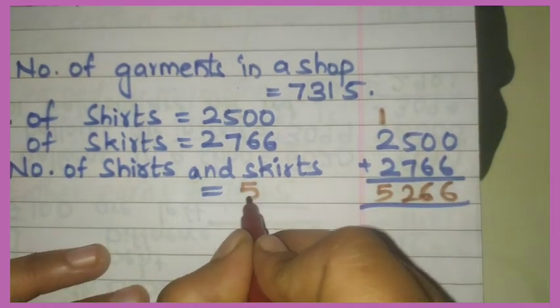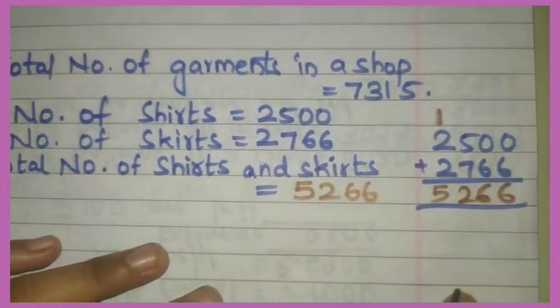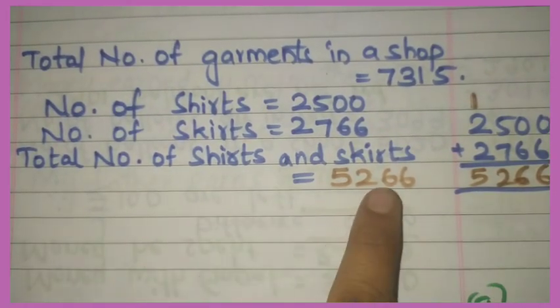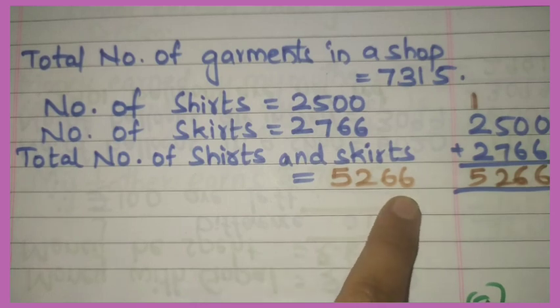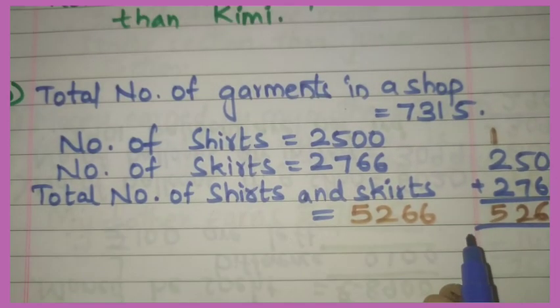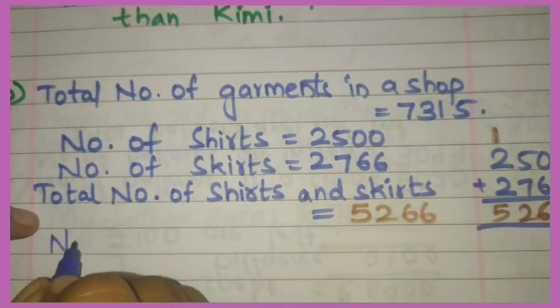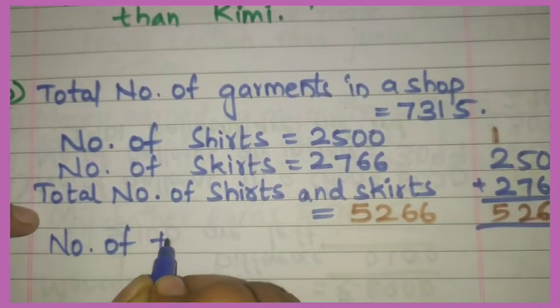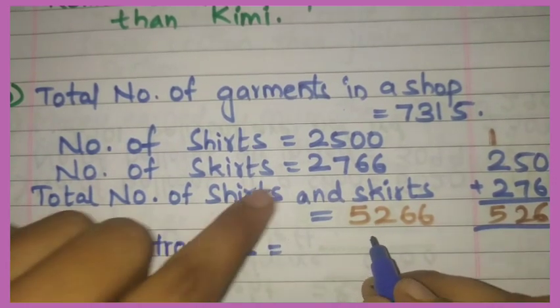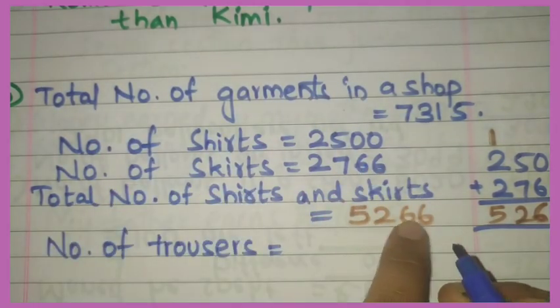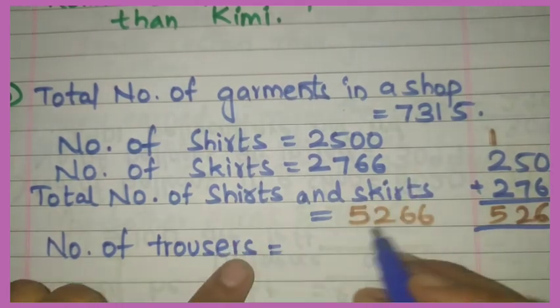Therefore, 5266 are there. Total number of shirts and skirts are 5266. Now we have to find number of trousers. Very simple. Subtract 5266 from 7315.